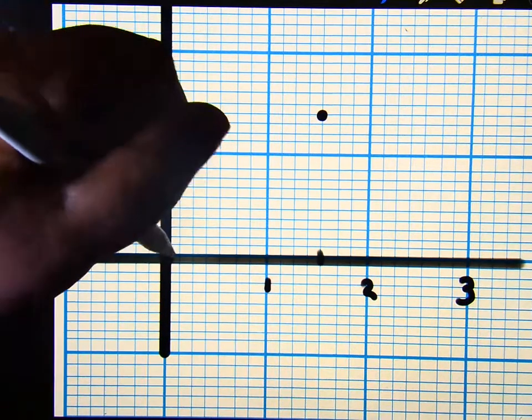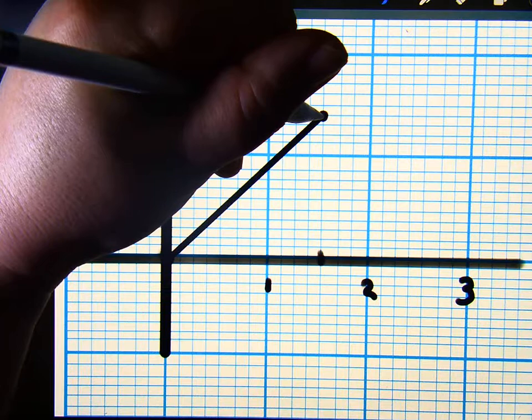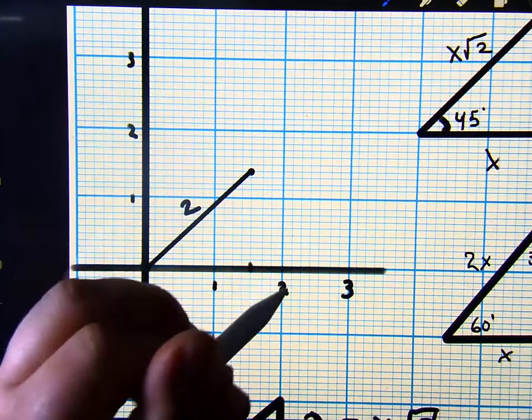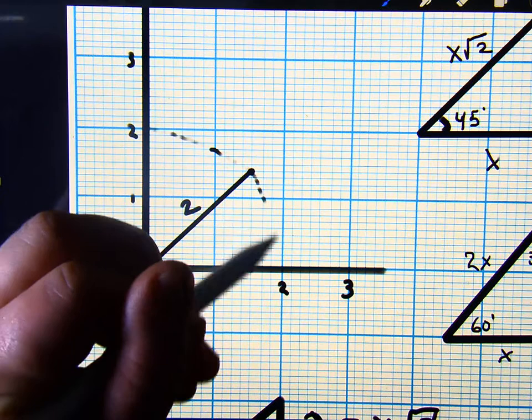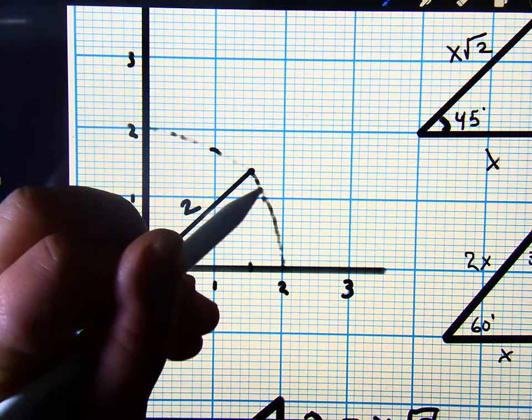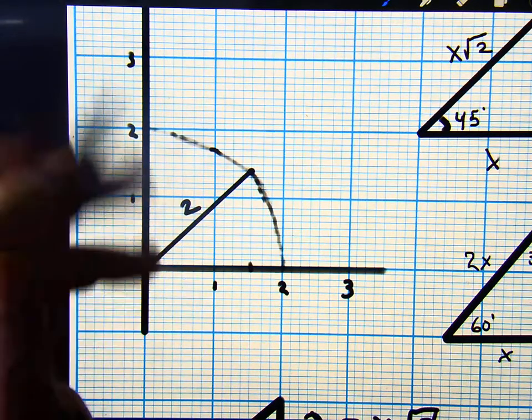I plot my point and connect my line. This line segment is now 2 units long. It has the same distance and radius as my 2.